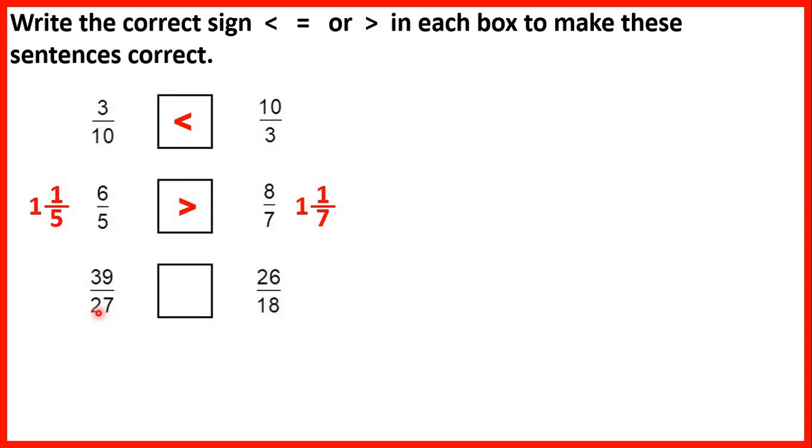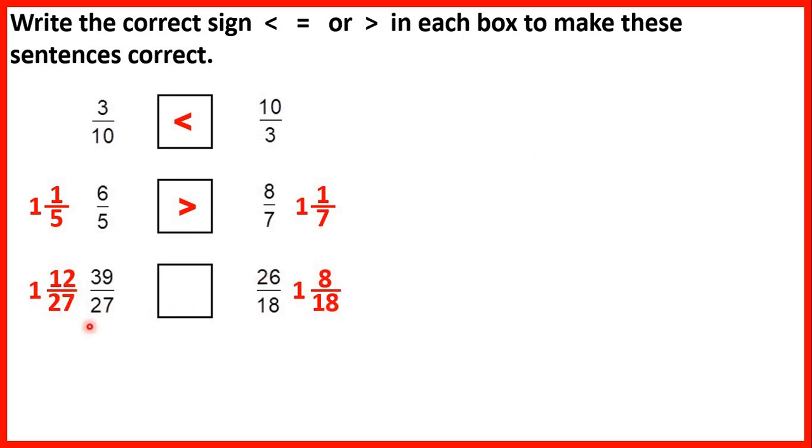Now we could find that number, but sometimes it's easier first to change to a mixed number and then to simplify. So 39 over 27 is the same as 1 and 12 over 27, and 26 over 18 is the same as 1 and 8 over 18, because 1 times 18 is 18 plus 8 is 26.